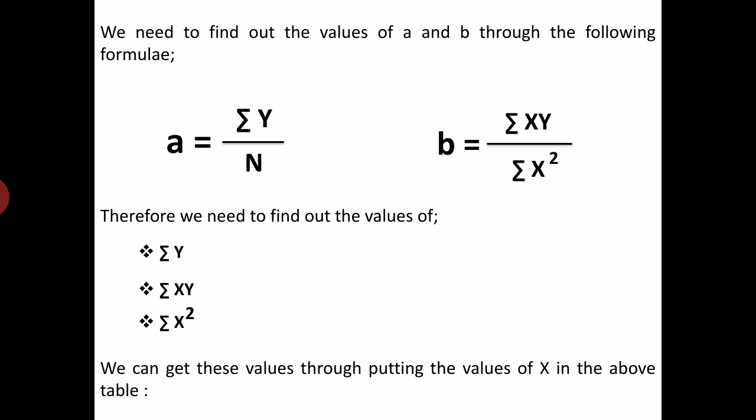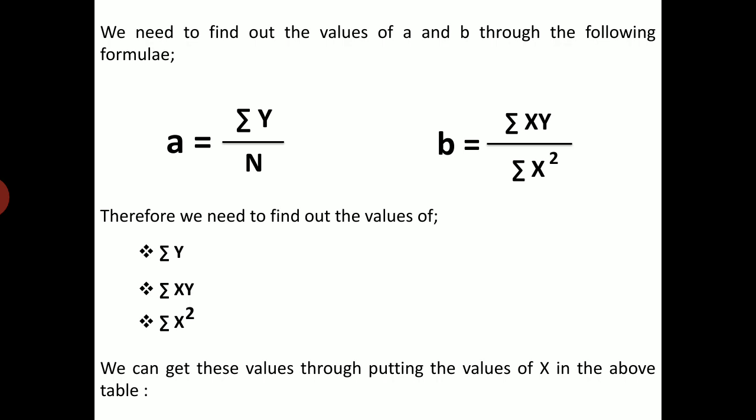We need to find the values of a and b through the following formula. A equals summation y divided by n, b equals summation xy divided by summation x square.